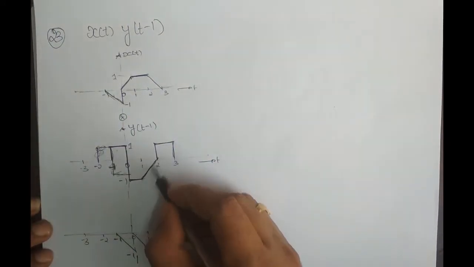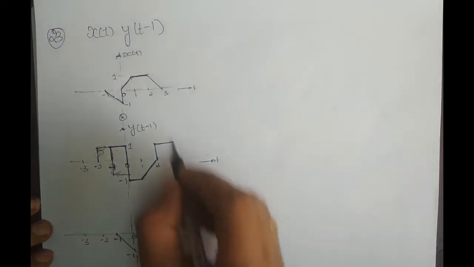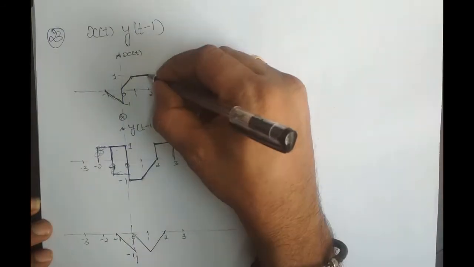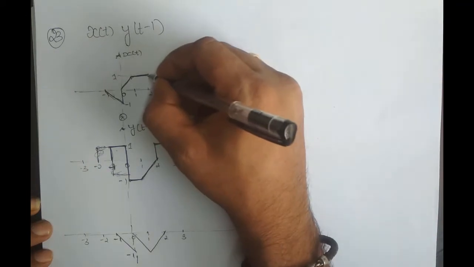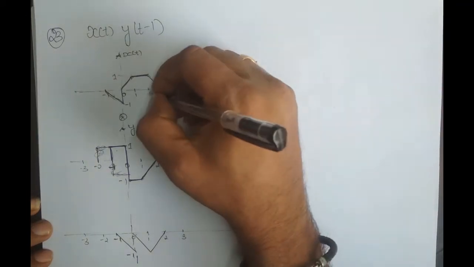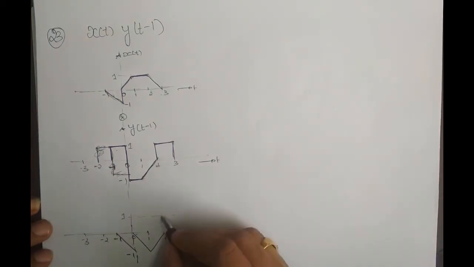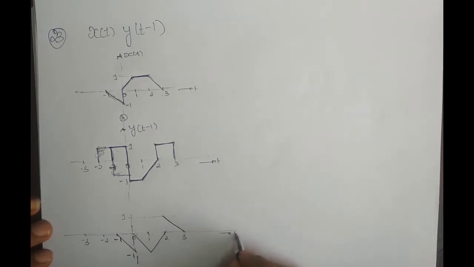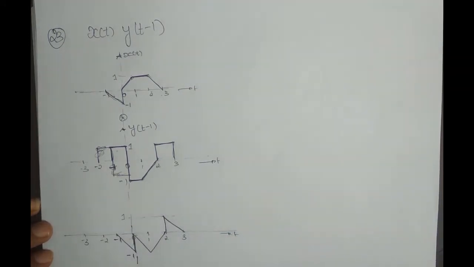Now for t varying from 2 to 3, what is the amplitude of the first signal? 1, right? 1 times this signal, so I get this signal itself, which is varying from 1 to 0 for t varying from 2 to 3. If I just join this, this is what the pattern looks like.